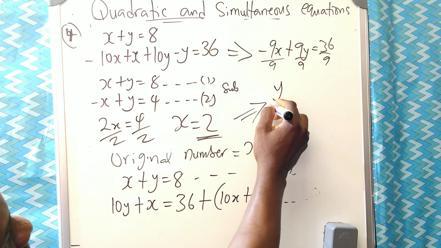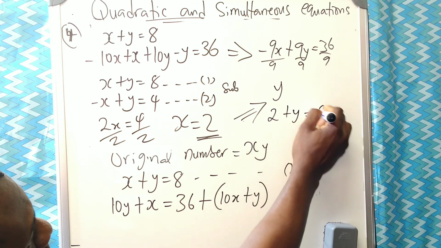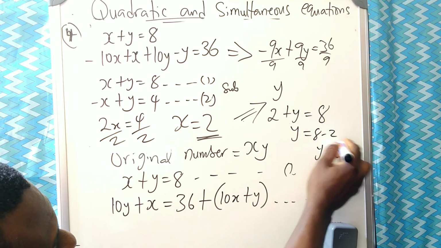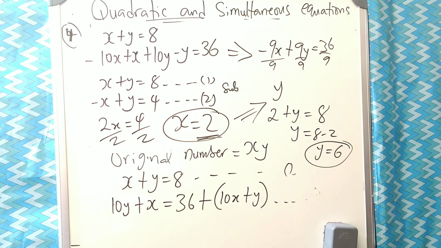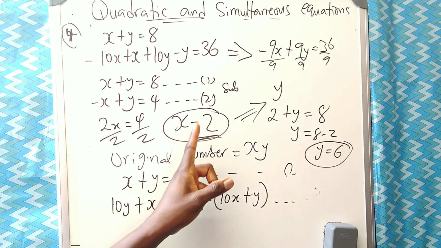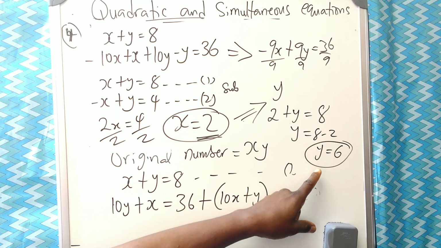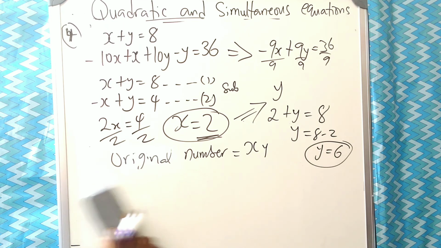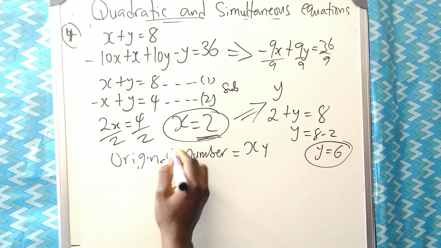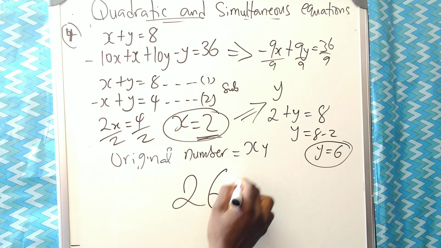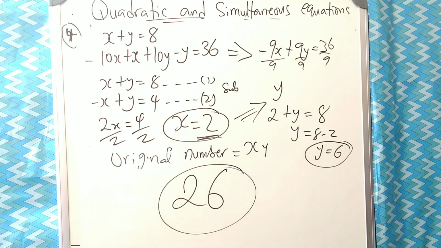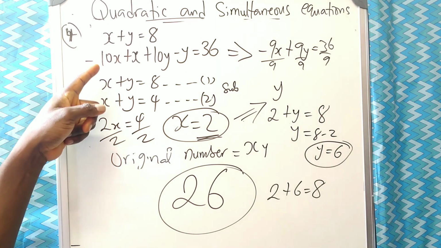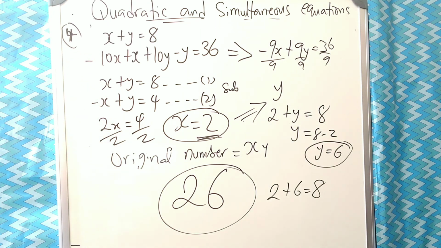For y, I have 2 plus y equals 8. y equals 8 minus 2. y equals 6. Very simple. So that means my x is 2, my y is 6. So the original number which Linda actually thought about was 26. Very, very easy. If you add 2 plus 6 together, definitely you're going to have 8. And if you introduce it in the second equation, you're going to have that 36.